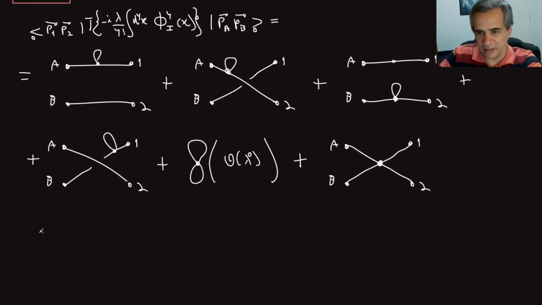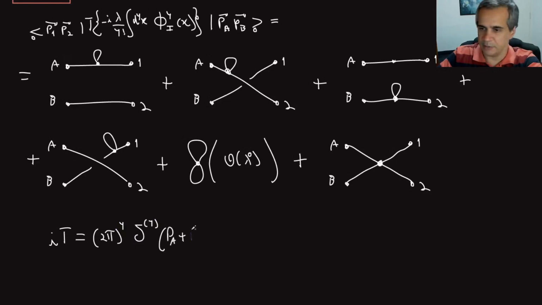So what I'm finding here is that IT, which can be written as 2 pi to the 4th conservation of all momenta, PA plus PB minus P1 minus P2. I'm orienting all momenta to the right here, right?